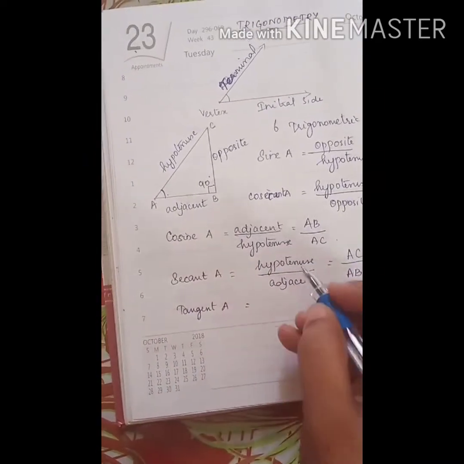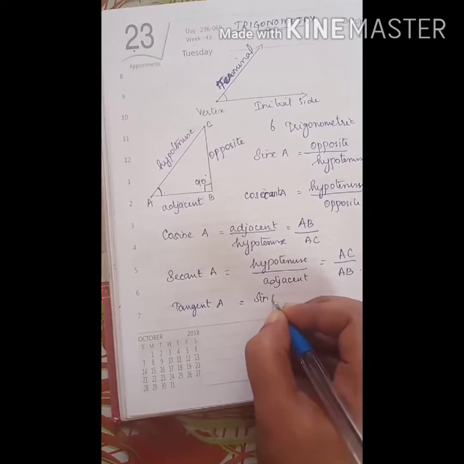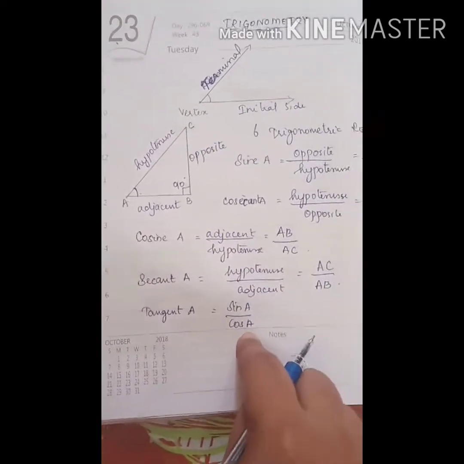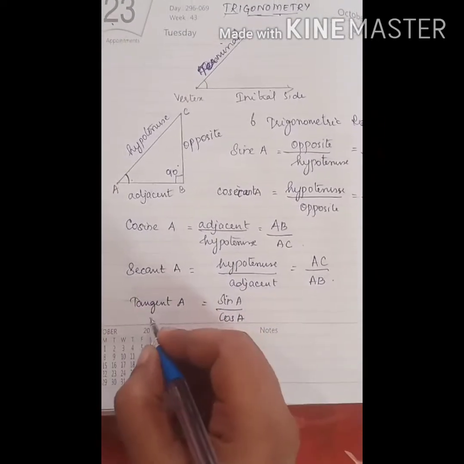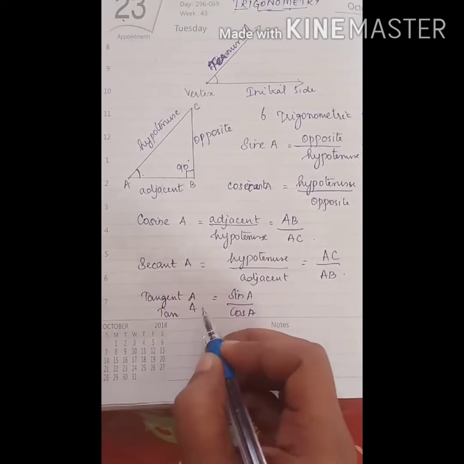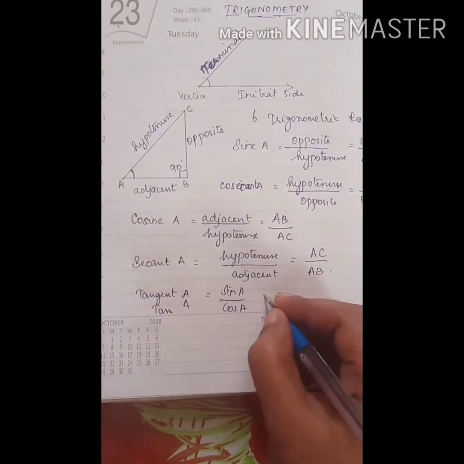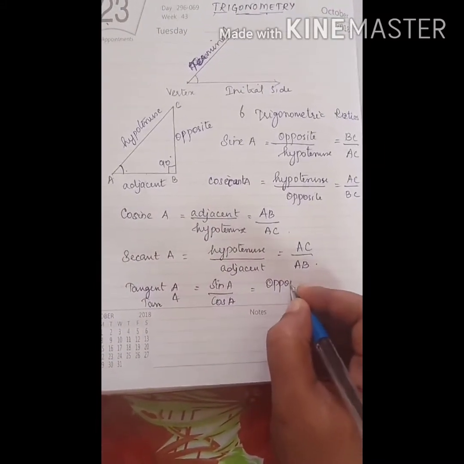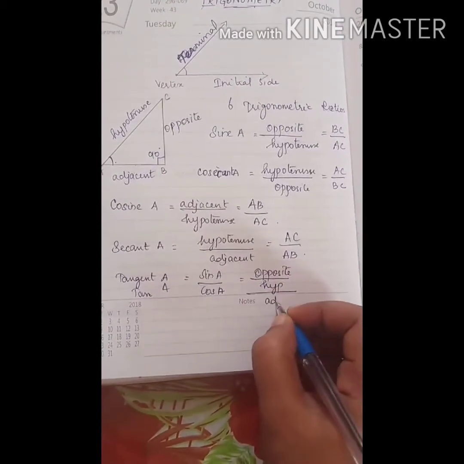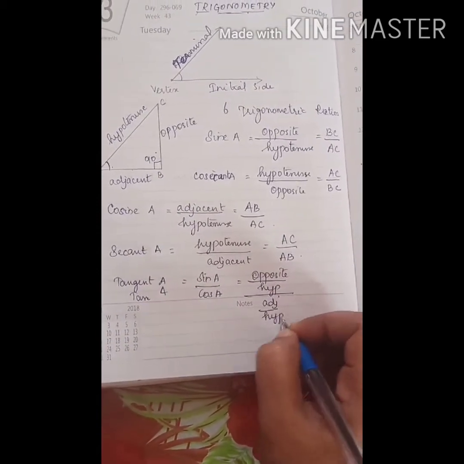Next, tangent. Tangent is nothing but sine A by cos A. Cos is the short form of cosine, and the short form of tangent is tan. We say it as tan A. So what is tan A? Sine by cos, that is opposite by hypotenuse divided by adjacent by hypotenuse.